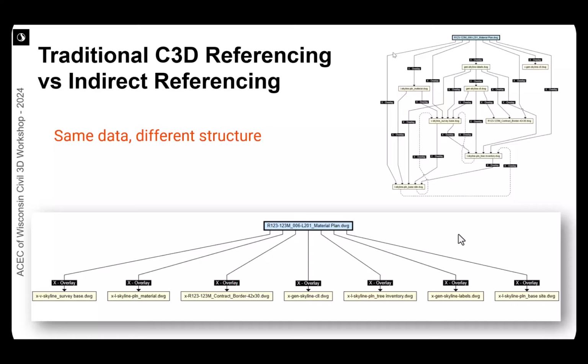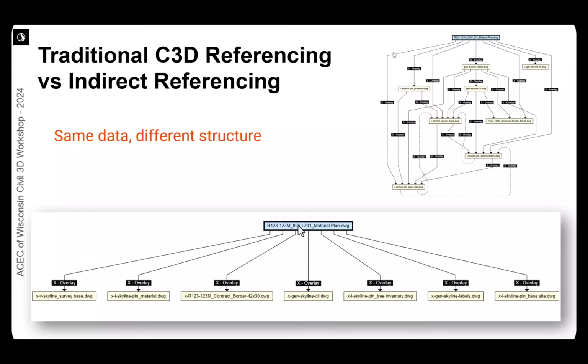And so you can see the different data structure as a result. This is a data set built off the same exact data. So we ran Reference Explorer on a sheet file. And the top right one is just the natural data structure given the workflow that's employed by this design team and what it creates. That very same sheet file with an indirect referencing pattern, you can see has a much cleaner data structure.